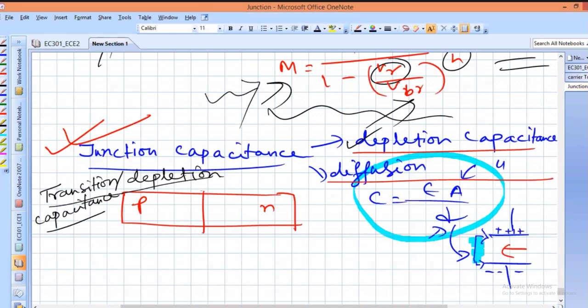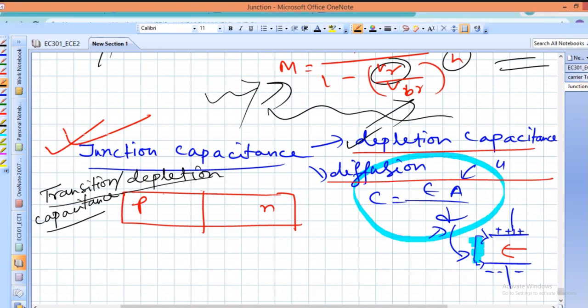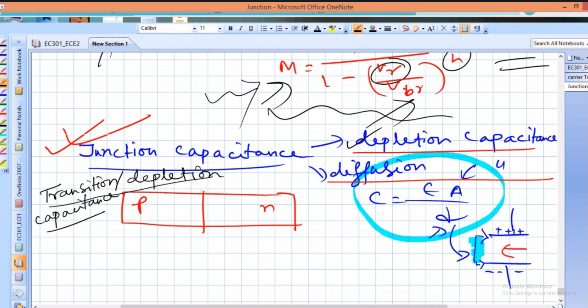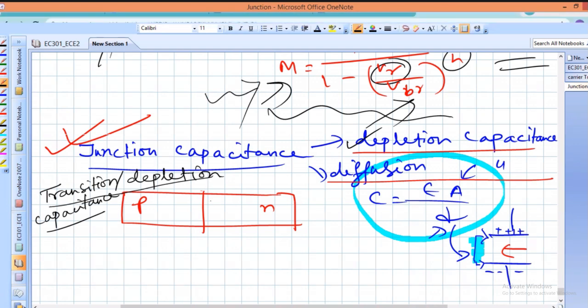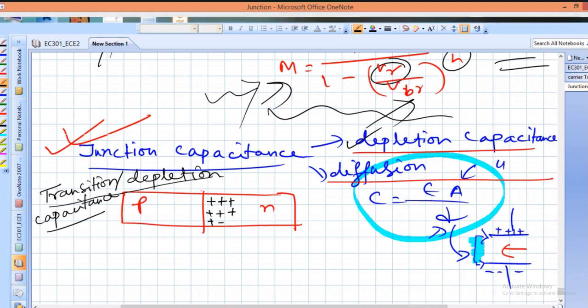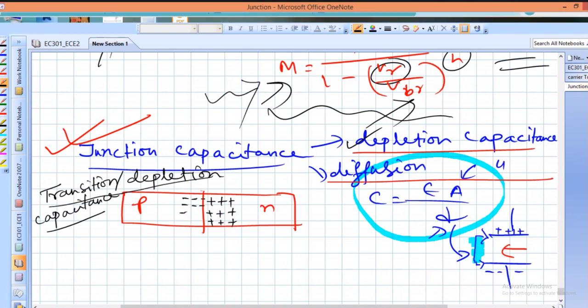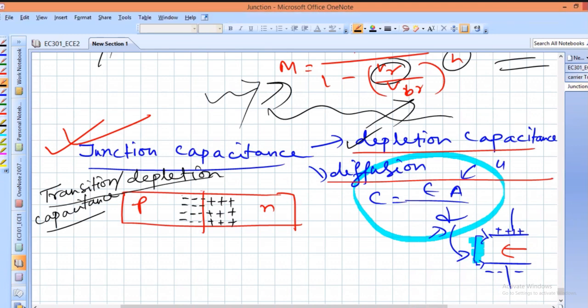I'm repeating it again: depletion capacitance or transition capacitance is present within a PN junction because there is a presence of uncovered positive charge and negative charge on both sides of the junction.